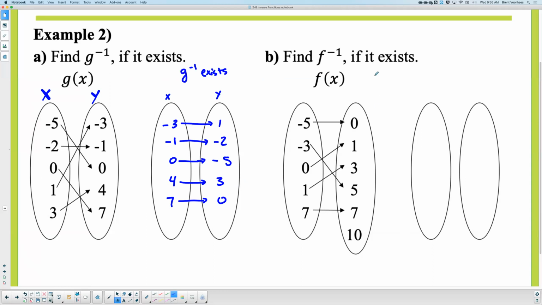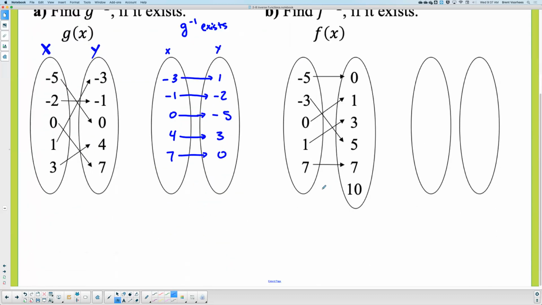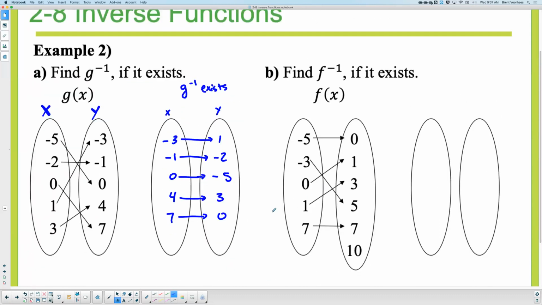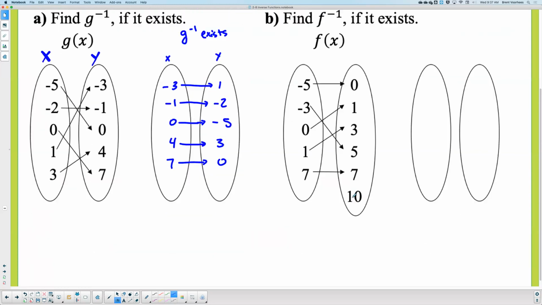Okay, and now this one. Let me look at this. Okay, I have one for you in a second, so I'll do this one with you. Does this inverse function exist? Well, I've thrown this on because Delta Math is going to talk about this. Delta Math will just ask, do any y values repeat?